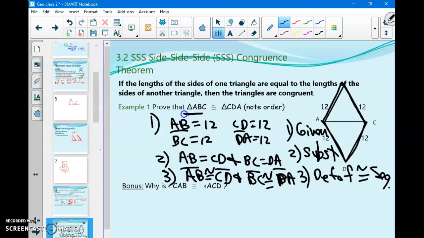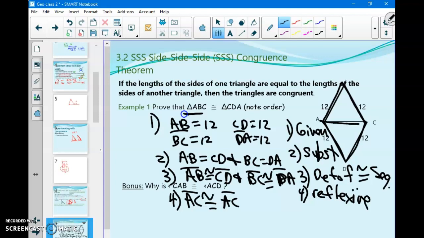Okay? And if that's true, I also know that segment AC is congruent to segment AC, and that is called the reflexive property. And that's a good one to remember, the reflexive property, because anytime there's a segment that's part of two triangles, then you can use the reflexive property for a side in each of them.